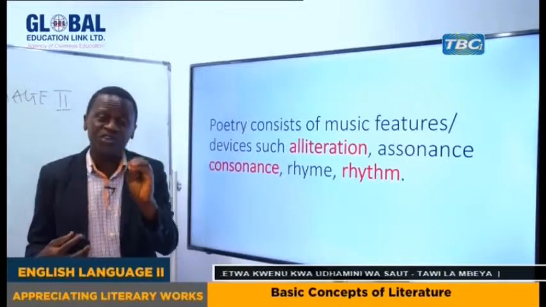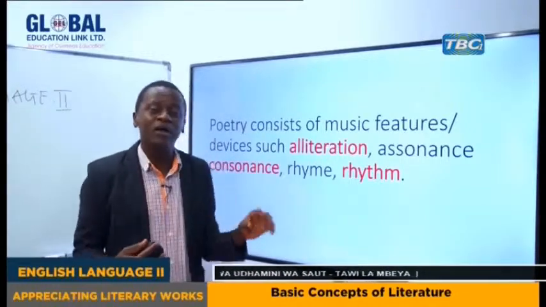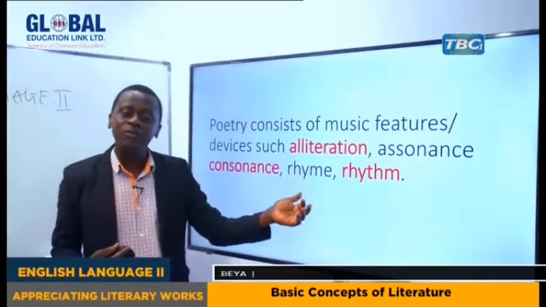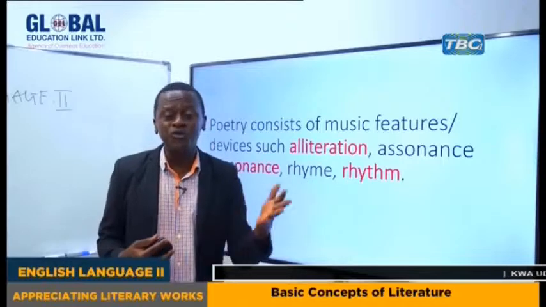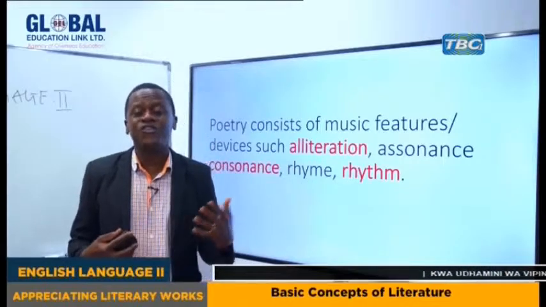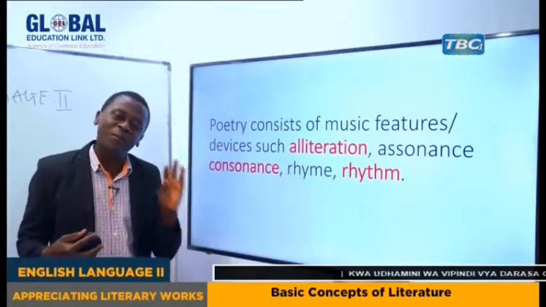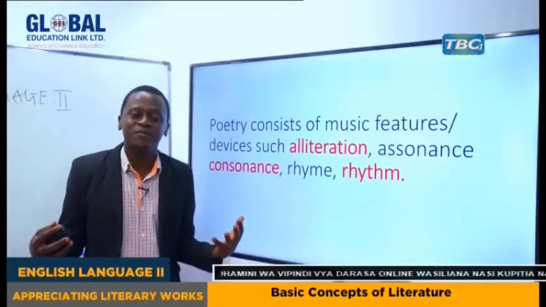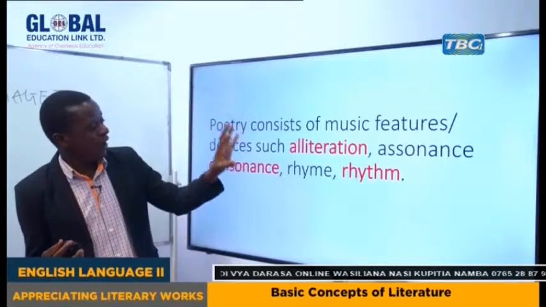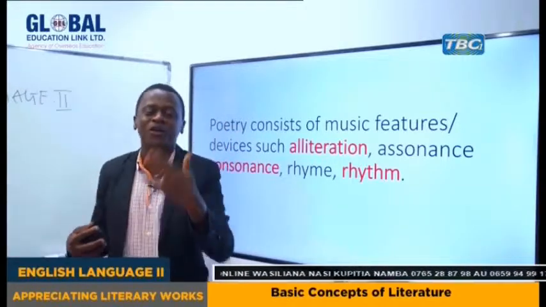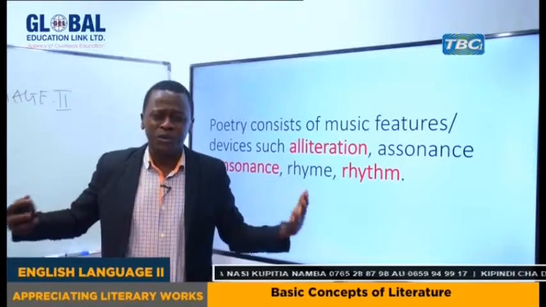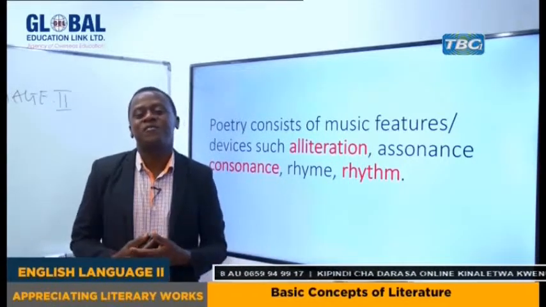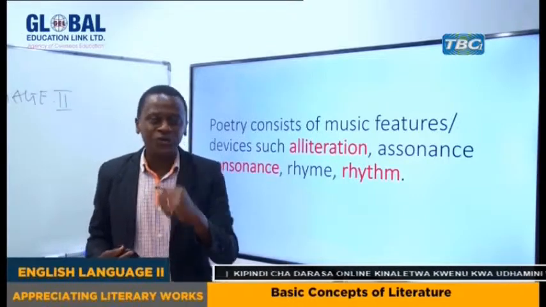The devices which enable the poem to be sung are assonance, alliteration, consonance, rhyme, rhythm, meter, foot, and the others. All these enable the poem to be sung. By being sung, or by the music that is found in a poem, you find yourself as a reader rejoice. You get excited.